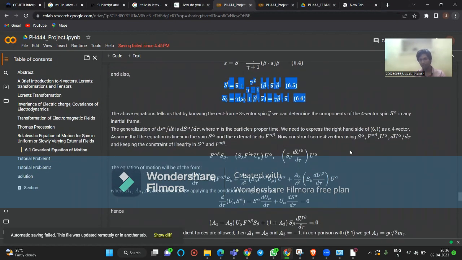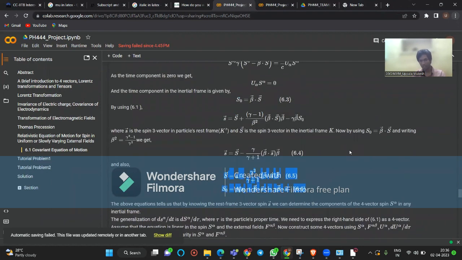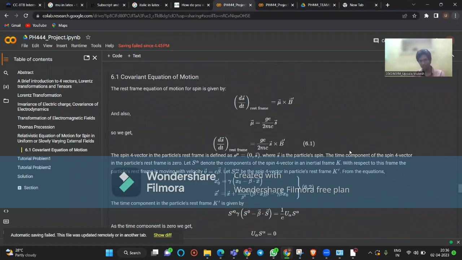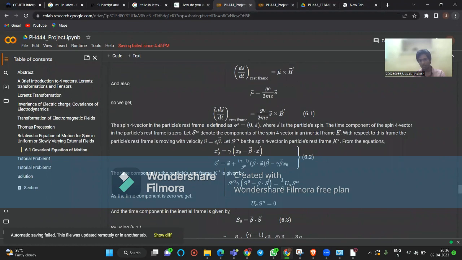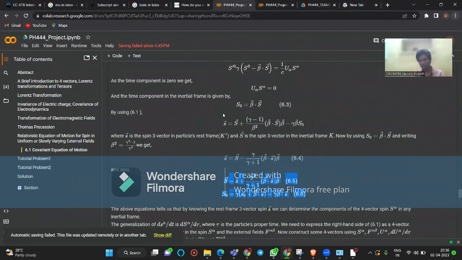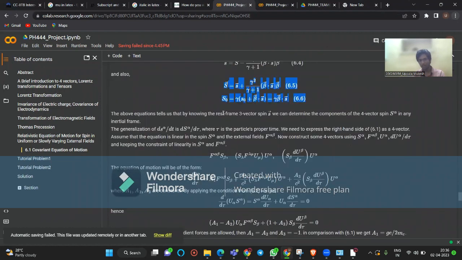Now see, if we consider the equation here, ds bar by dt bar, the rate of change of spin, we are now trying to write ds alpha by d tau in terms of the four-vectors. So here we let the directional field be f.